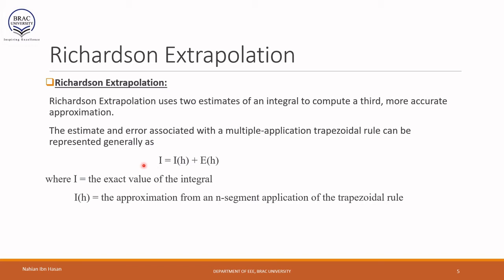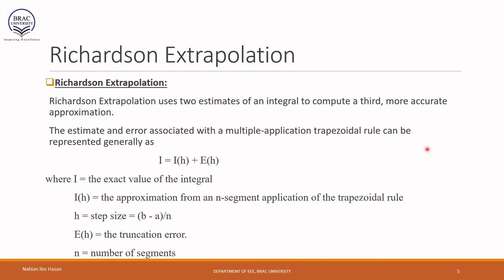This formula that you are watching here is the general formula for a normal multiple application of the trapezoidal rule, the same rule that you just learned in the previous few slides. So I is the exact value and I of h is the approximate value that we have achieved using the trapezoidal rule, and E of h is the error. h is the step size, denoted as the upper limit minus the lower limit divided by the number of segments n, and E of h is the truncation error.